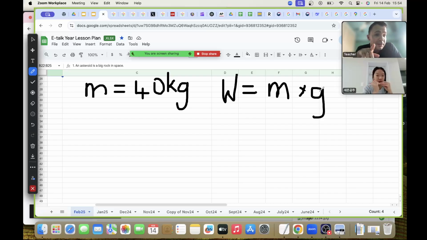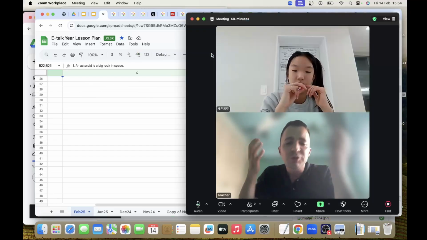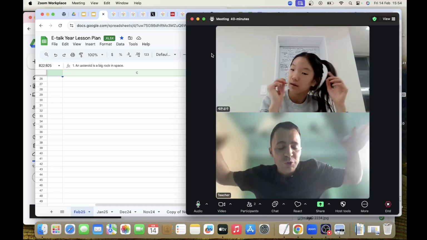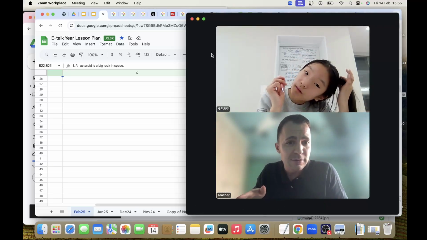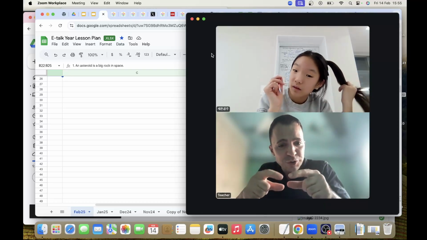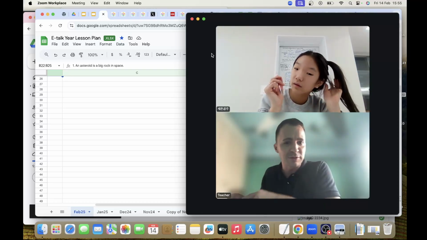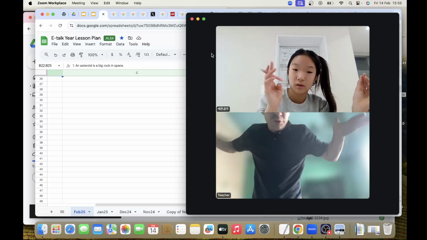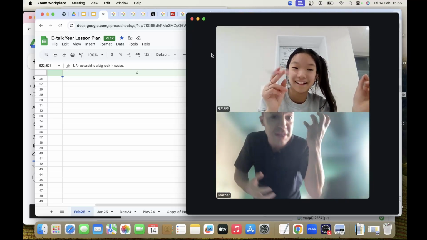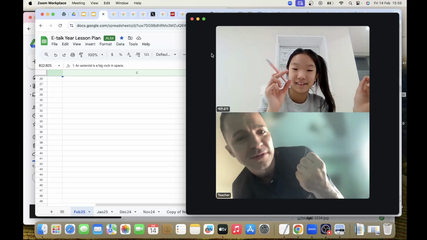You will be heavier on Earth than you are on the moon. Lily, you can even think about when you are floating on the moon and you step on a scale. Is the number going to be greater or less than on Earth? Less, because you are floating. You are not as heavy. And that's because of gravity.